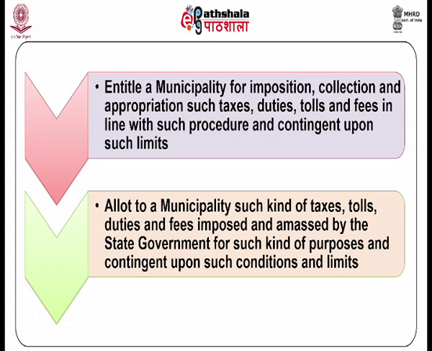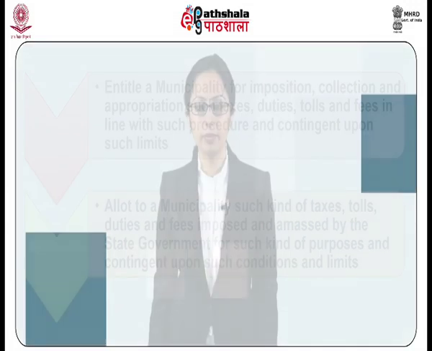It may also allot to a municipality such kind of taxes, tolls, duties and fees imposed and amassed by the state government for such kind of purposes and contingent upon such conditions and limits.